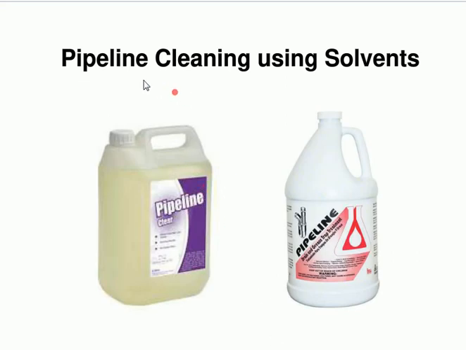And then we've got pipeline cleaning using solvents. Yeah? So I'm not quite sure how it's done and how they do this. I'm going to show in a minute where jet pressure is used to clean a pipeline. It's probably more suitable for the stuff you find inside your factories, where you might put some of the pipeline cleaner into a jet pressure washer, open the pipeline, and then you clean it.